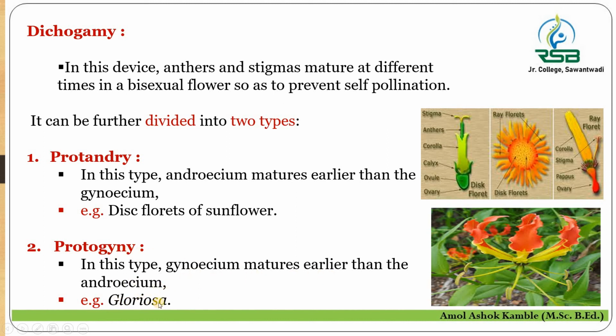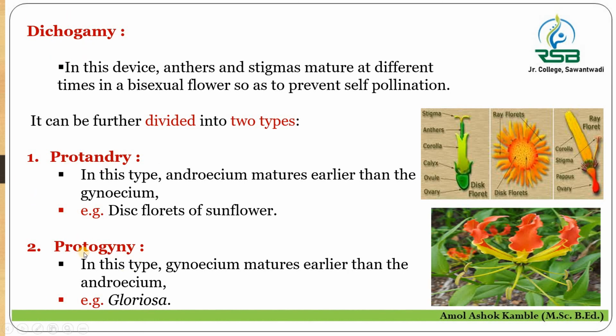For example, gloriosa, which we call kal lavi in Marathi. Gynoecium matures earlier than the androecium in case of protogyny. It is about the second outbreeding device which has two types, protandry and protogyny.